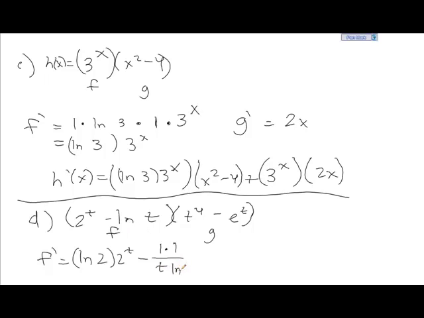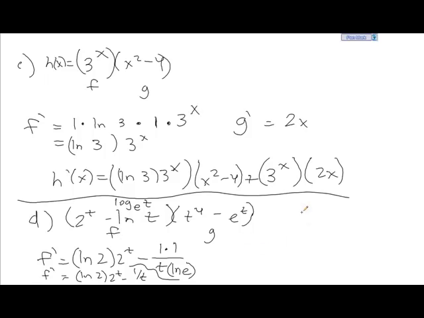So t times the natural log of, well, what's b here? We have to recall that this can be written as log base e of t. And so really our base here is e, and the natural log of that is going to be 1. So we just end up with 1 over t over here. Natural log of 2 times 2 to the t minus 1 over t. And that's what it simplifies to.